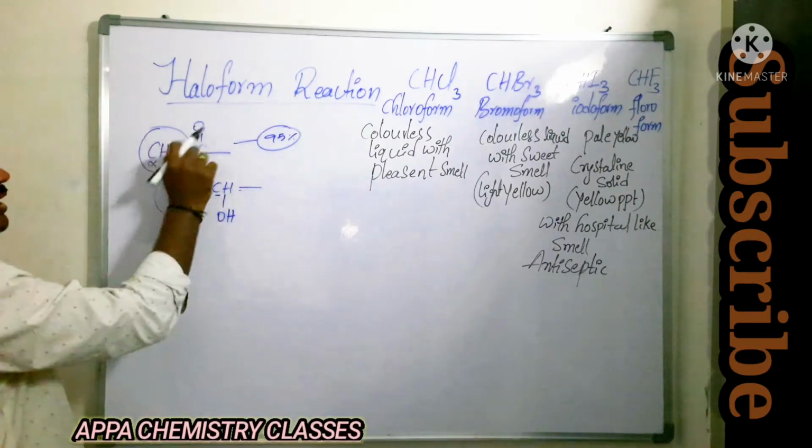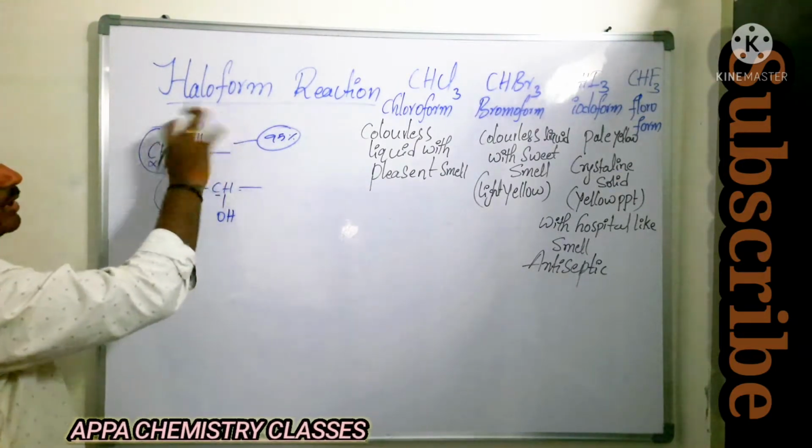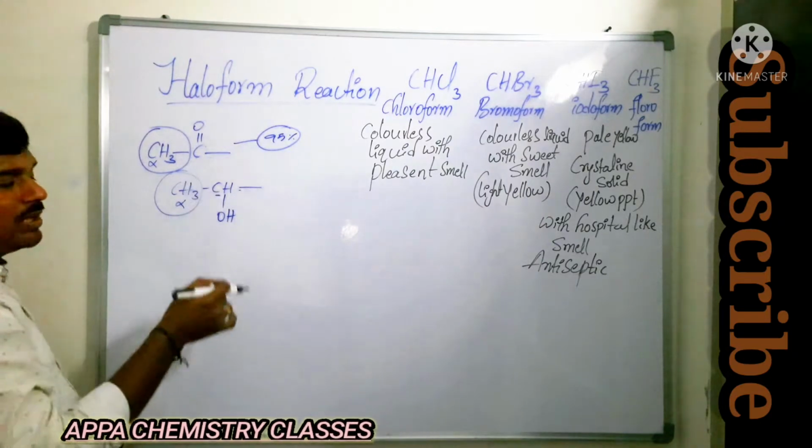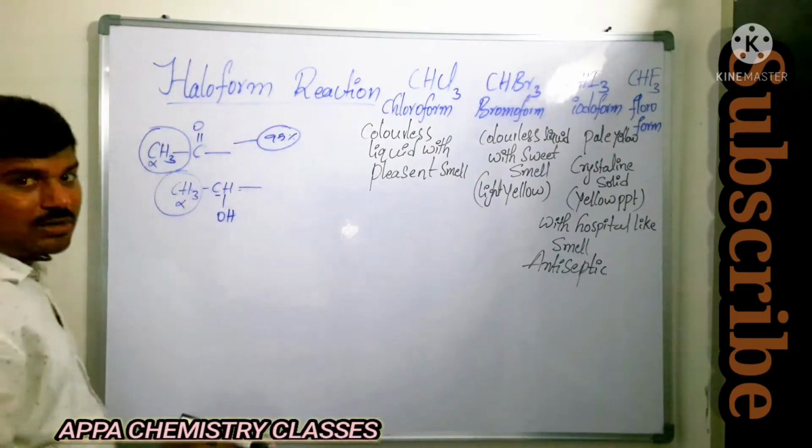Alpha methyl keto groups, alpha methyl carbonyl compounds or alpha methyl alcohols will participate in the haloform reaction.